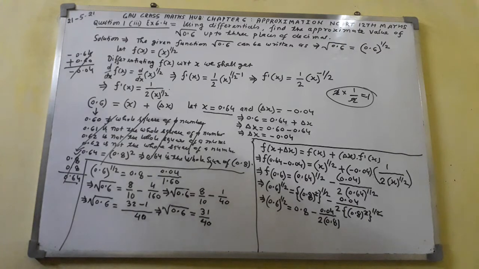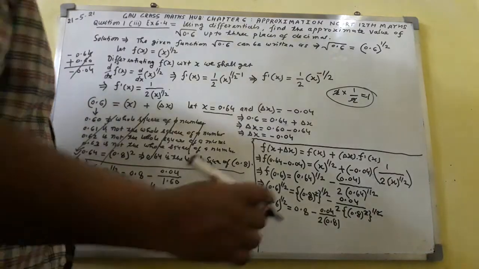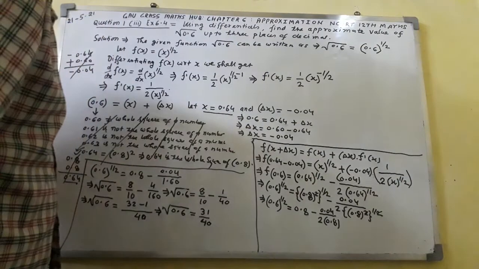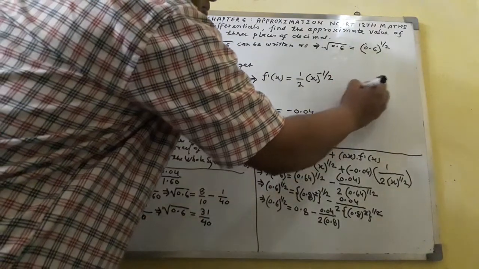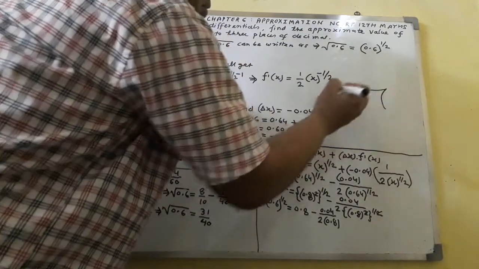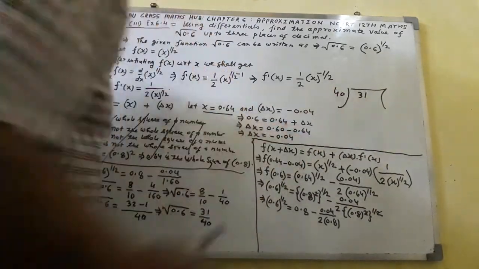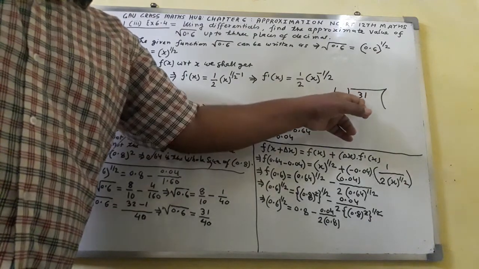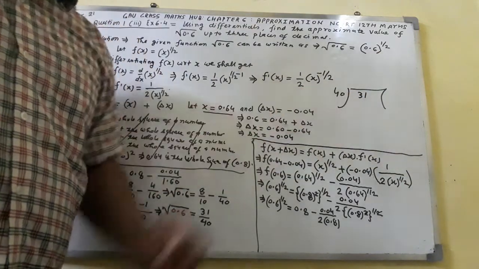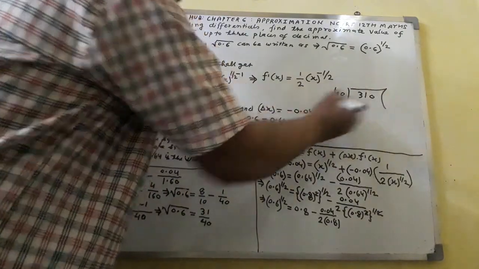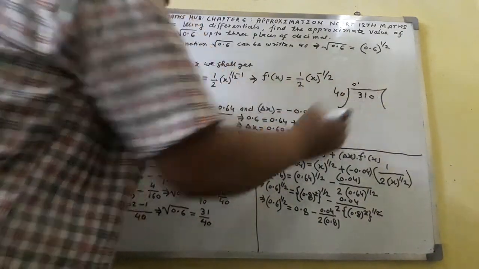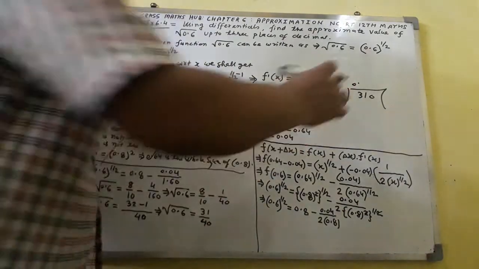31 over 40. And now 31 over 40 will be divided. Here I shall write, divide 31 by 40. So here you can see 31 can't be divided by 40. So put here 0. If you put here 0, so here you shall write point, before point I shall write 0. So 0 point.